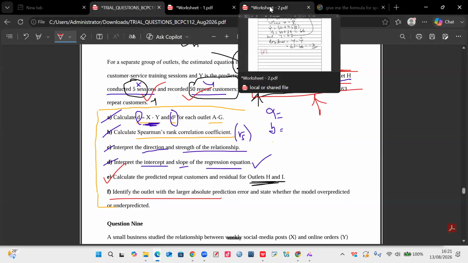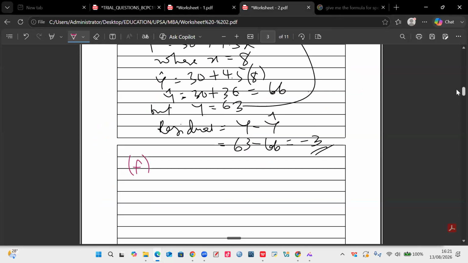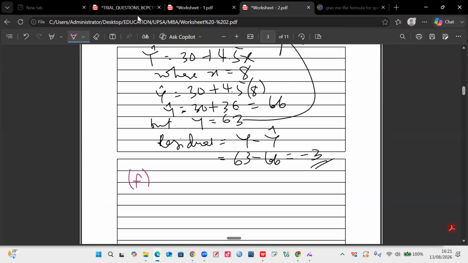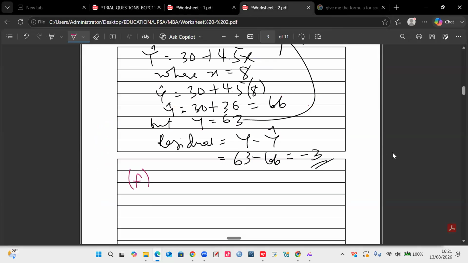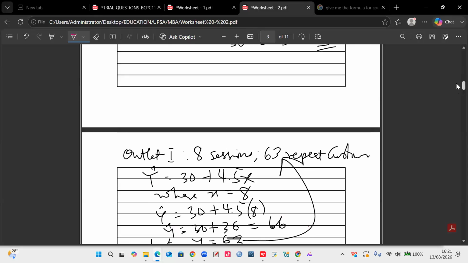We go to the brackets, which one is the biggest and the smallest, and we'll find out if they underpredicted or overpredicted. The prediction errors are those with the negative values. So you go to the two we worked on. Do any of them have negative values?